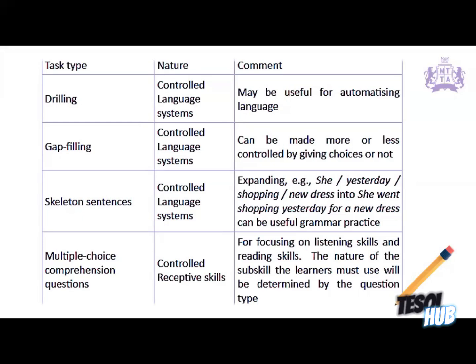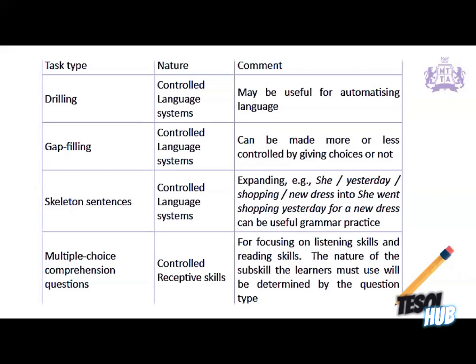Drilling is mainly controlled, because students are doing it with the teacher and they know what the correct answer is. Gap filling will be considered a controlled practice activity, as we mentioned before. A skeleton sentence is also controlled language system practice, because they are expanding or putting the sentence in the correct order.